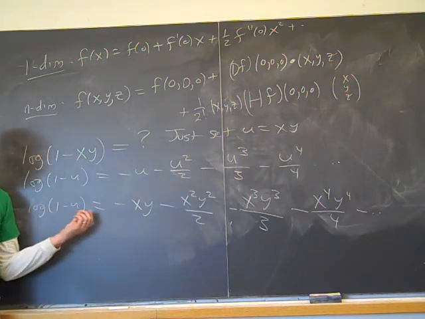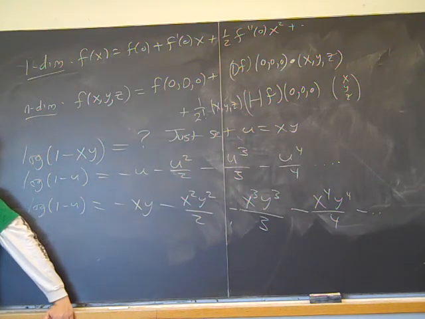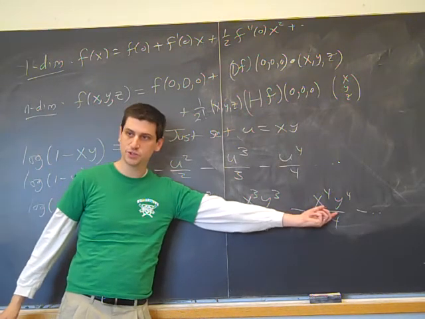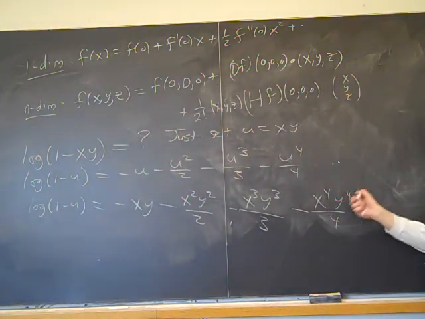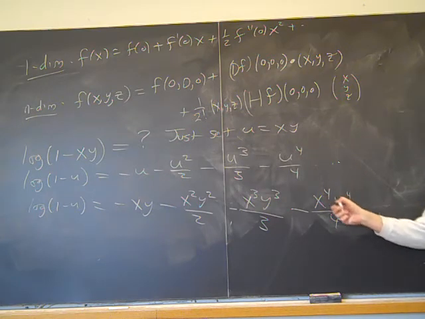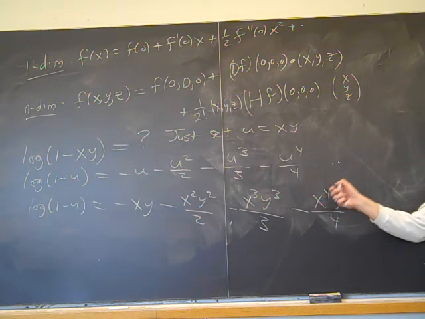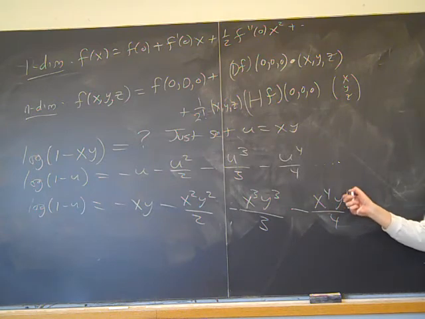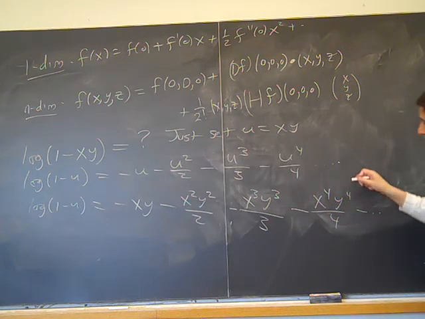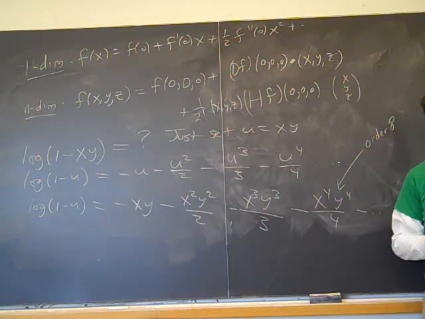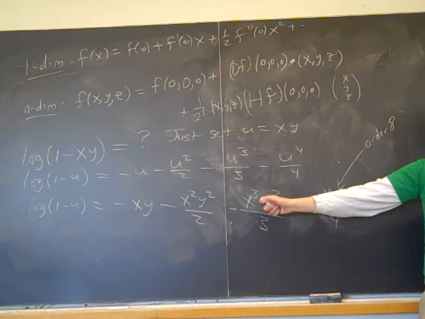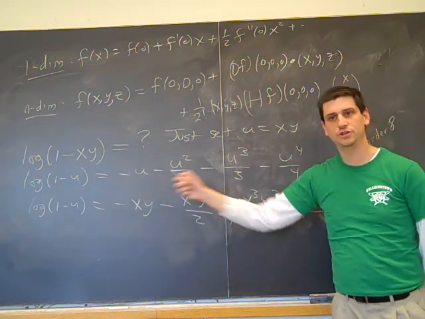If I want the sixth order Taylor series, where do I cut it off? Would this term survive for the sixth order Taylor series? Well, let's think. How many x's and y's do we have here? I have 4 x's, 4 y's for a total of how many? 8. So this would be a degree 8 term, or an order 8 term. What would the order of this term be? 6, 4, and 2.